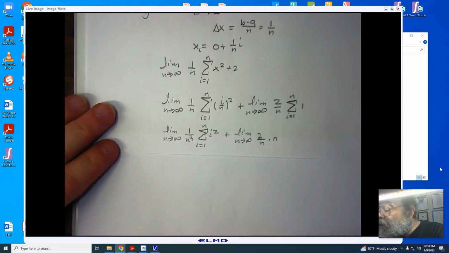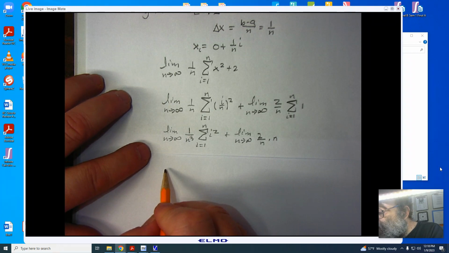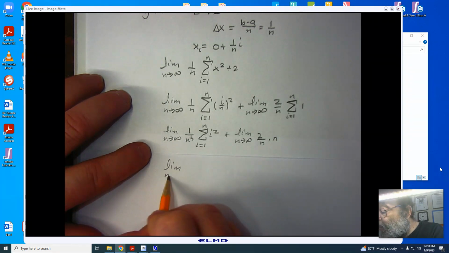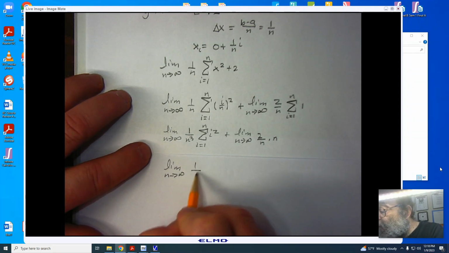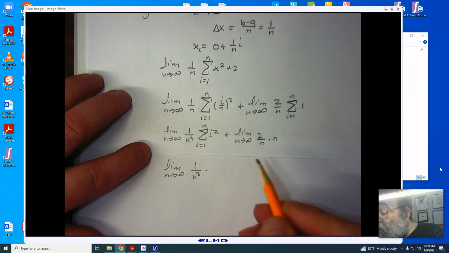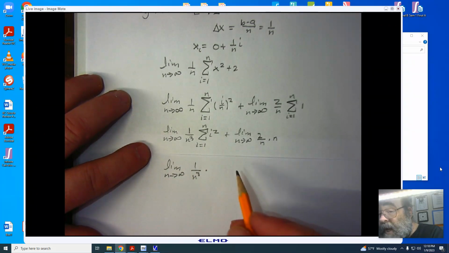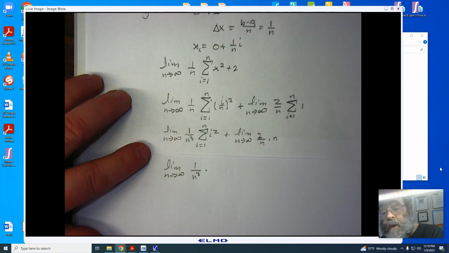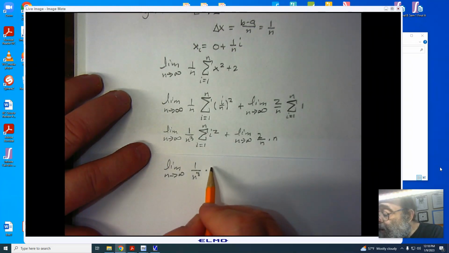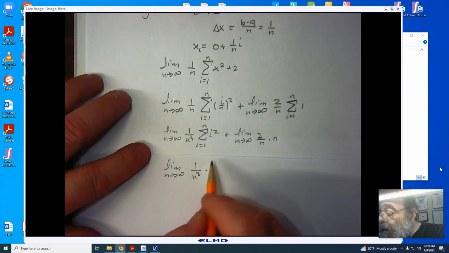We have to finish. So we're going to finish our process. The limit as n approaches infinity for 1 over n cubed. Now we're only working with our highest power. And you'll recall the summation of i squared was n times n plus 1 times 2n plus 1 divided by 6.